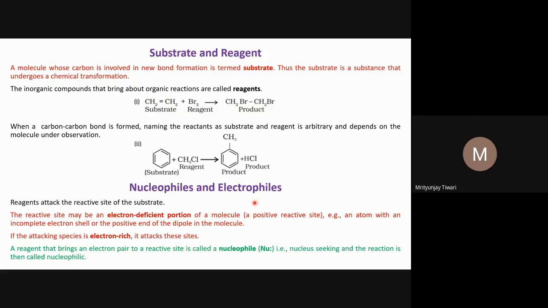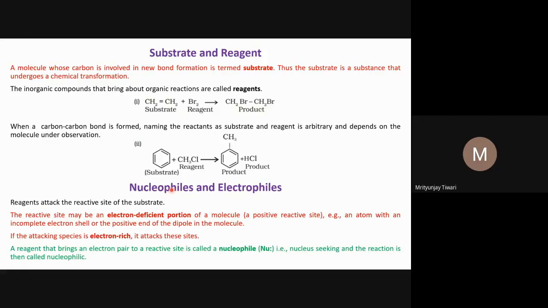But nucleophiles can have a carbon center as well, because carbanions are electron-rich species. If a carbanion attacks an electrophilic center, we see the formation of a carbon-carbon bond.